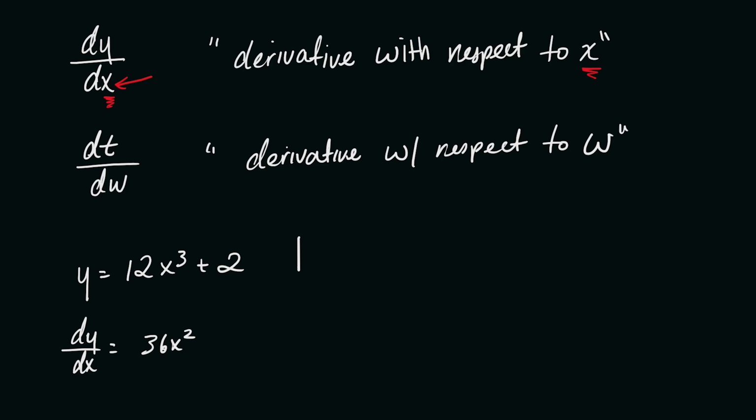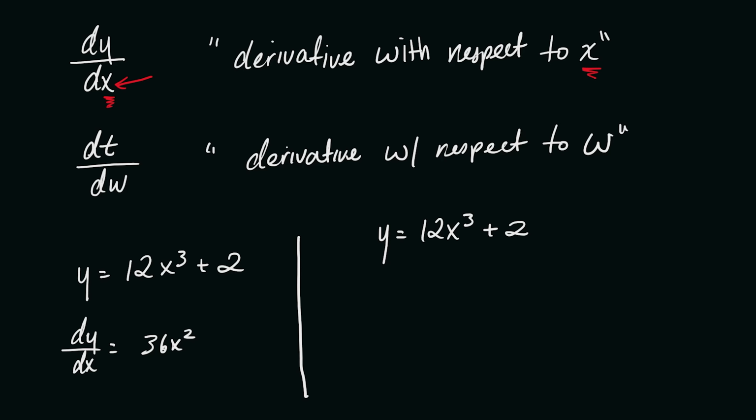The whole reason behind it is, let's write this equation again. y equals 12x cubed plus 2. Let's say you're taking the derivative of y. That's just 1. So we added d over dx in the beginning because d over dx just means derivative right off the bat.